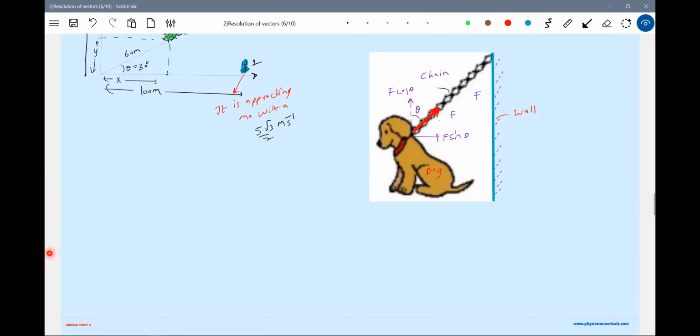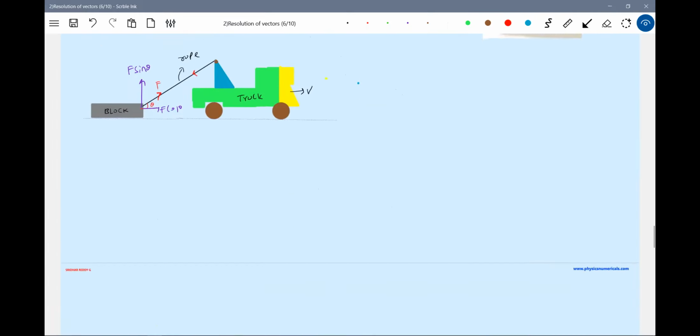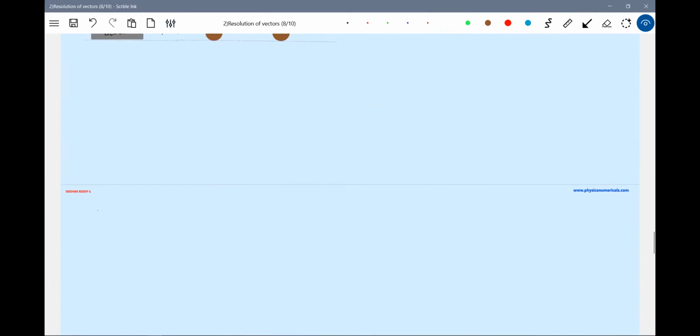So in everyday life, almost four examples are given. The resolution of vectors is related to our everyday life. You'll be pushing some table at an angle. You'll be pushing the wall. Everywhere, start analyzing now. Compare yourself. You'll be pushing some wall at an angle. Start thinking: what is the force I'm applying on the wall, parallel to the wall, perpendicular to the wall? This is what is needed here. A student, whatever he learns, has to go back and think, oh, this is what I'm learning.